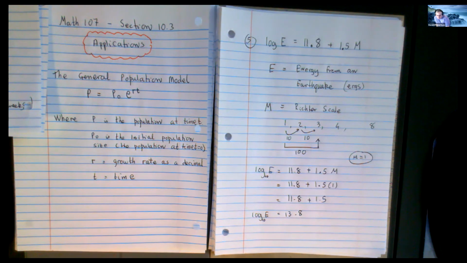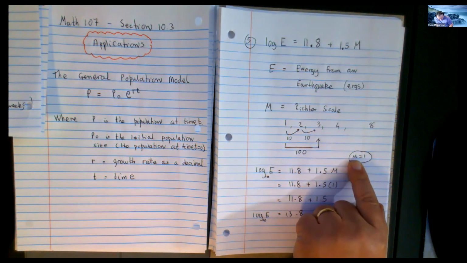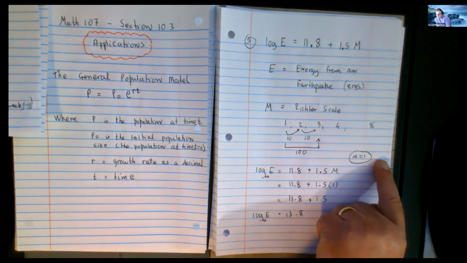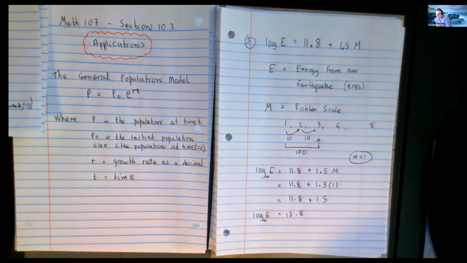Now, the reason I'm doing that is that we need to find out what E is. So the question is, on a Richter scale of 1, how many ergs of energy would it take to cause a number 1 earthquake, which is a pretty minor, wobbly earthquake? Can you remember the circle of life? Let's do it.